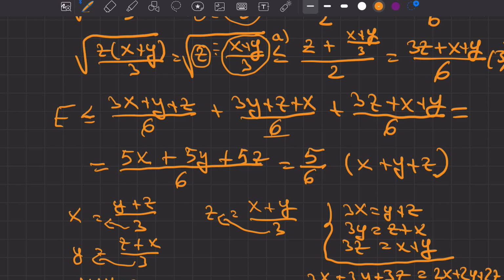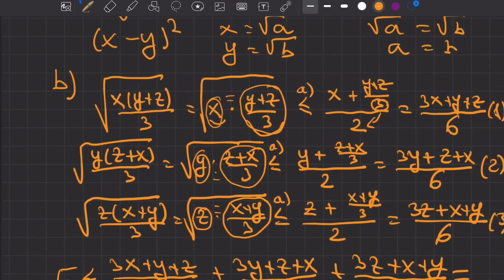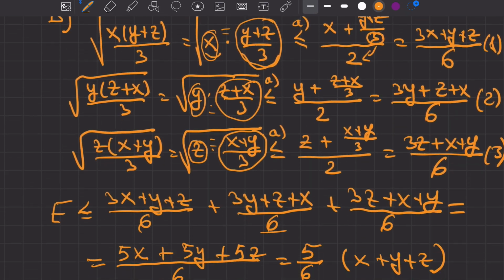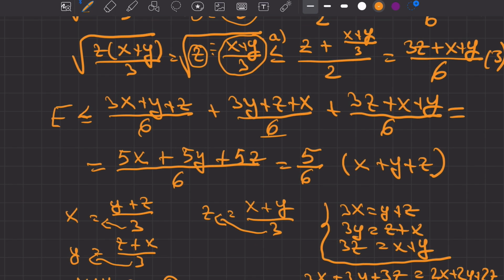And because all of the three numbers are greater than 0, it means that all of them need to be equal to 0. So we get that x equals y equals z, and this is 0.